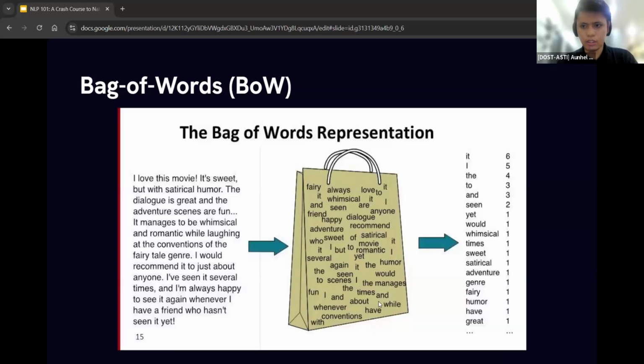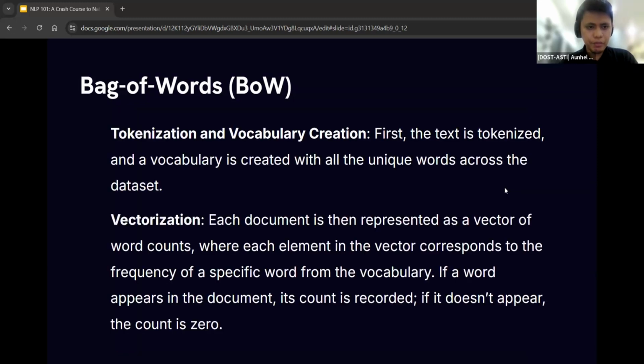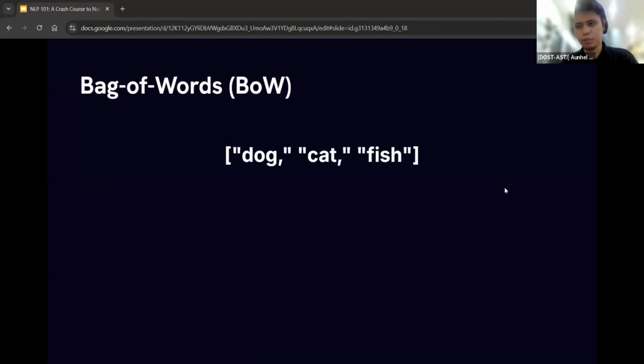In this case, let's say this one, "I love this movie. It's sweet, but it's with satirical humors," and so on. We can represent this text as a vector like 6, 5, 4, 3, 2, 2, 1, depending on the unique words. Let's say we extract the vocabulary, and in our training vocabulary we have dog, cat, and fish.